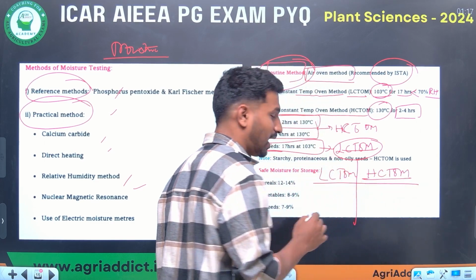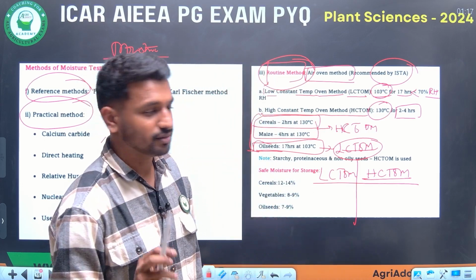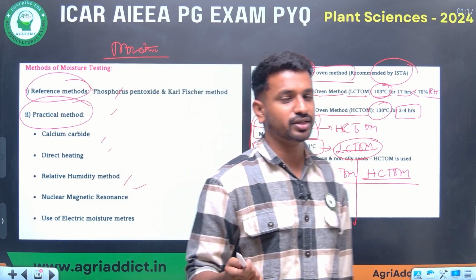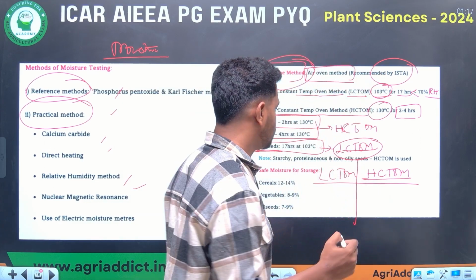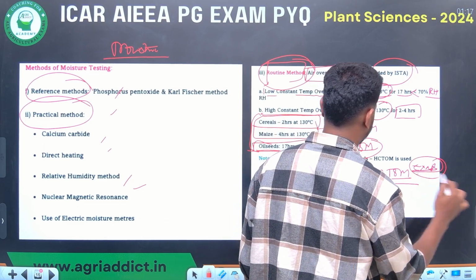This can be asked. For SRF it's a must. For the ICAR PG exams, the chances are high that they will also ask for which crops we are using low constant and for which crops we are using high constant. So please make a list of these examples, that will be useful for your exam.